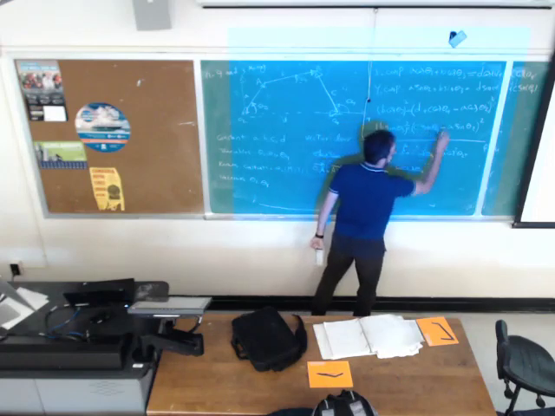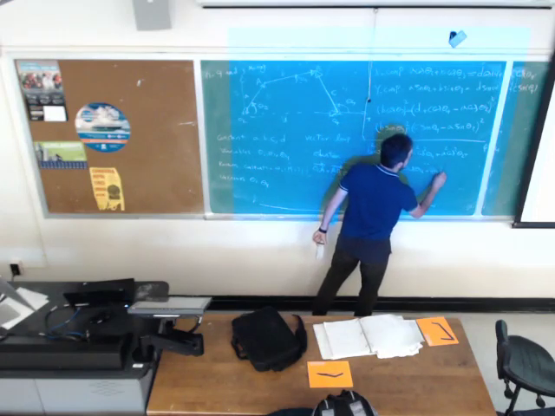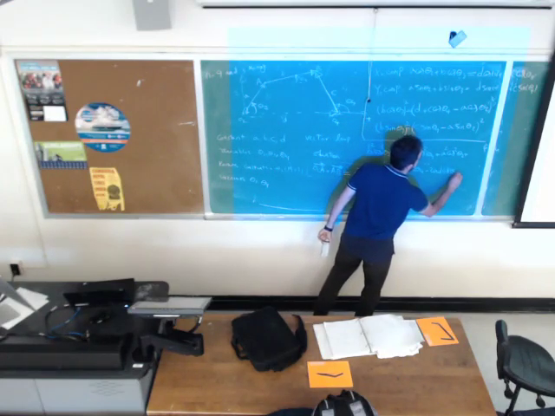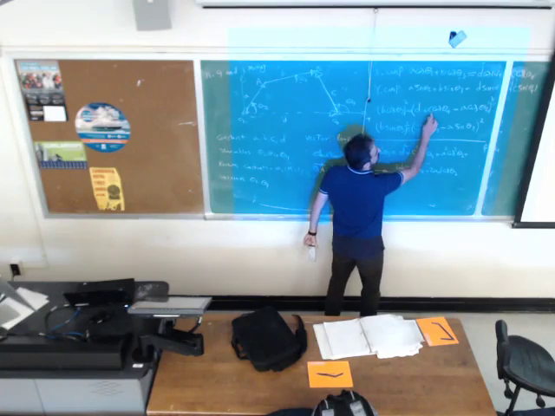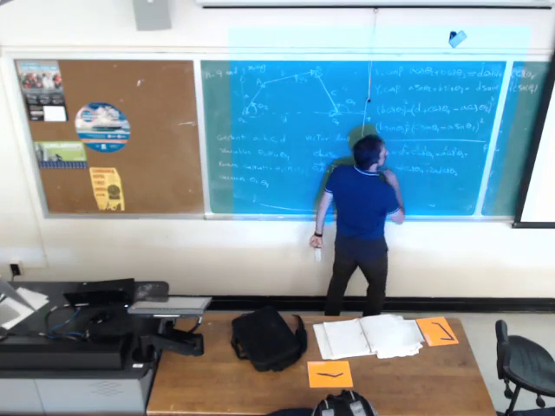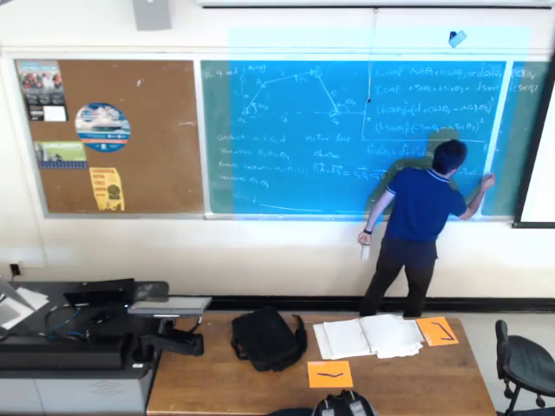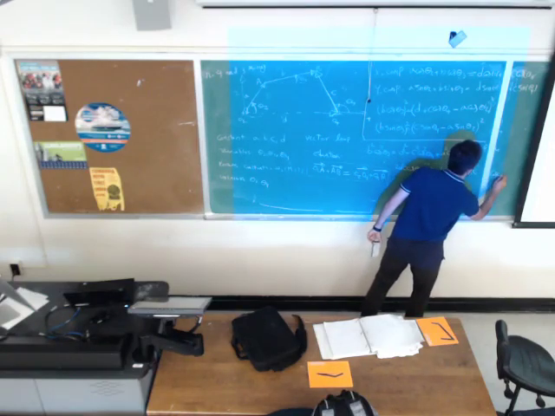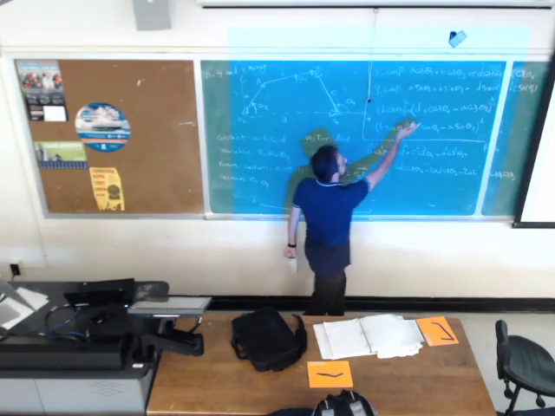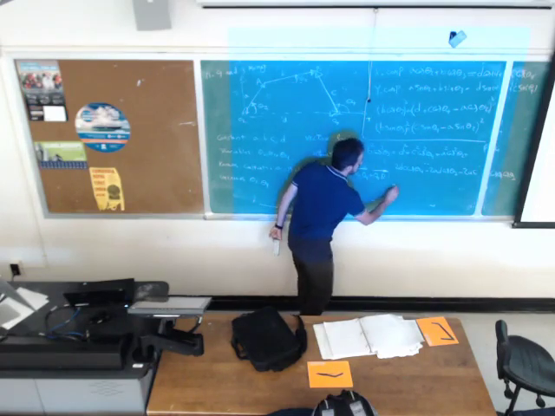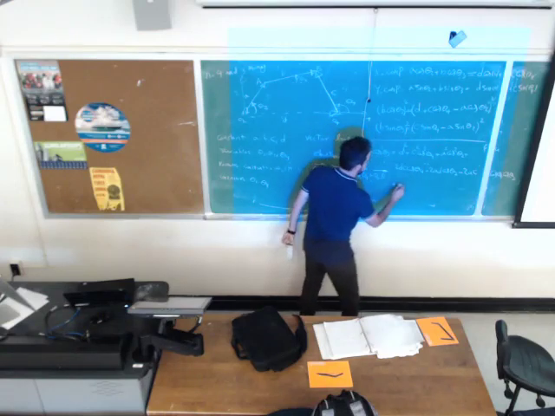I have negative 2ab cosine of theta 2. 2 this term multiplied by this term, negative 2ac cosine of theta 4 cosine of theta 2. I'm done with the first row. Second row, it's easier because I have 2 terms.